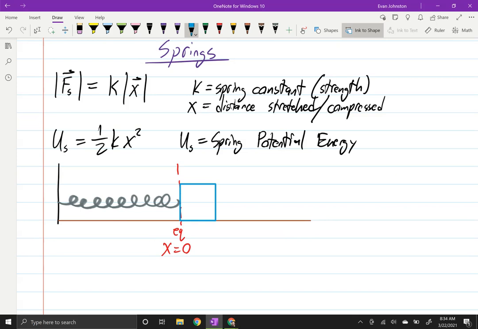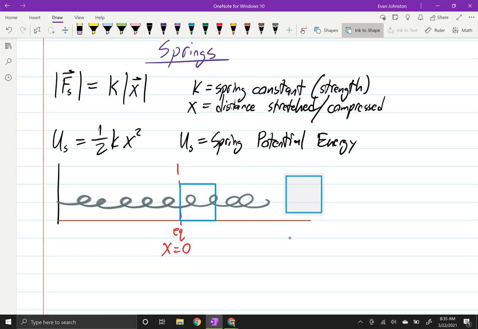Now, that is true even in the scenario where my spring, let's say my spring was stretched way out here. And let's say that my box was stuck to it. So my box is here. My spring was pulled way out here. We'll call this distance x stretch. I'm just making up a distance here.